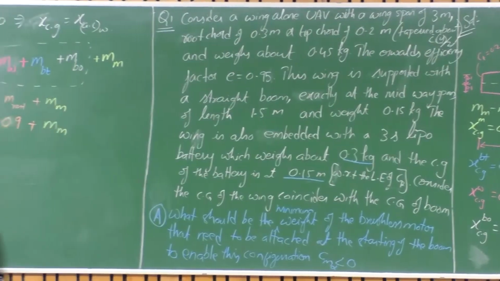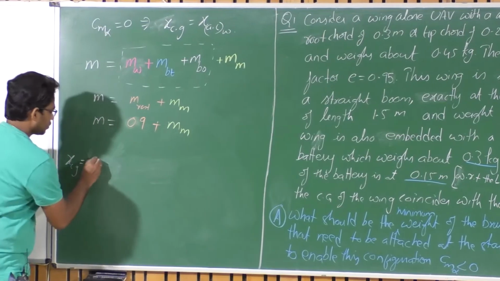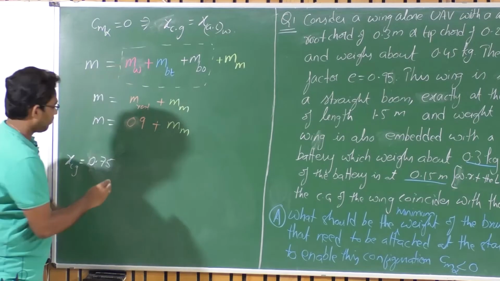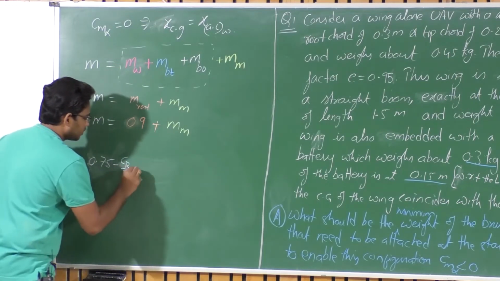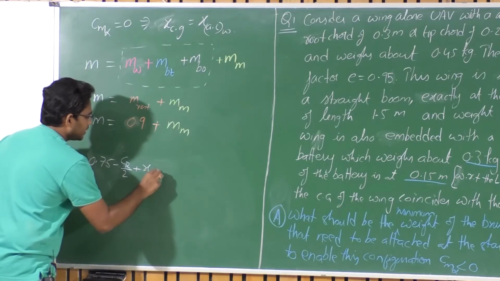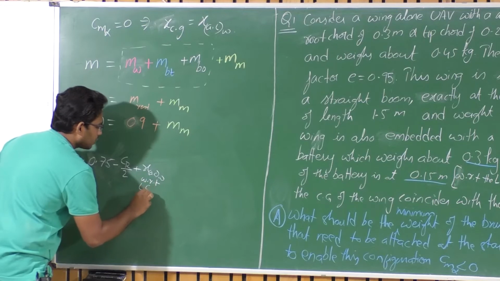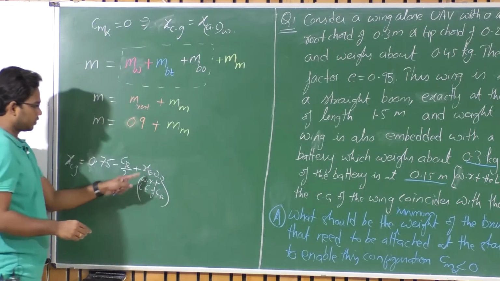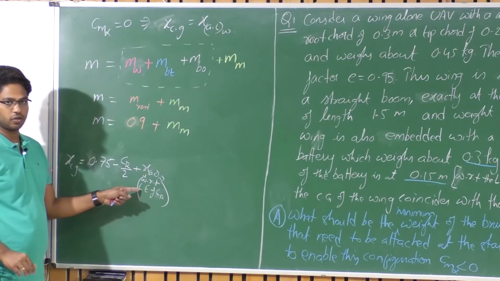Now we are talking with respect to the boom. So XCG equals 0.75, which is half of the length of the boom, minus CR by 2, plus XAC of the wing with respect to the leading edge of the root chord.